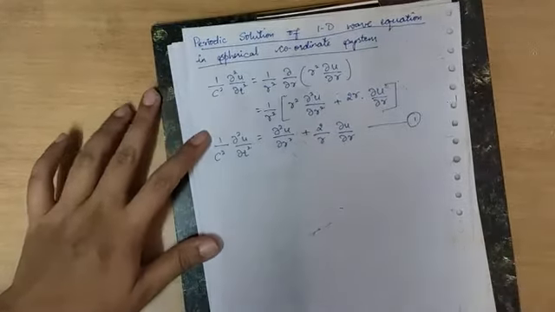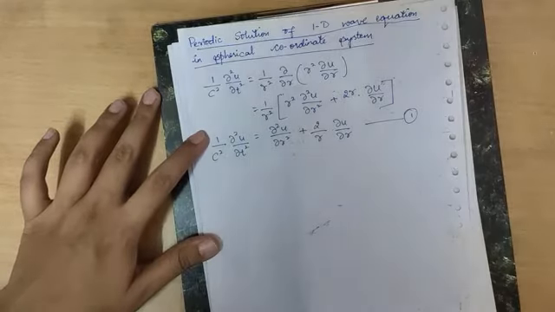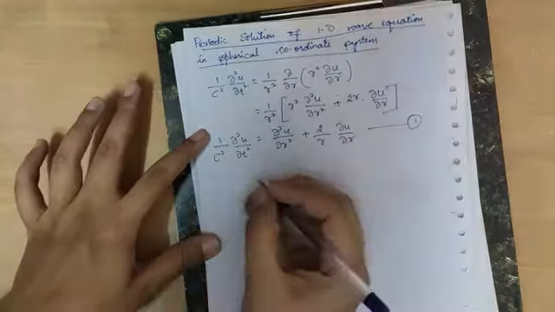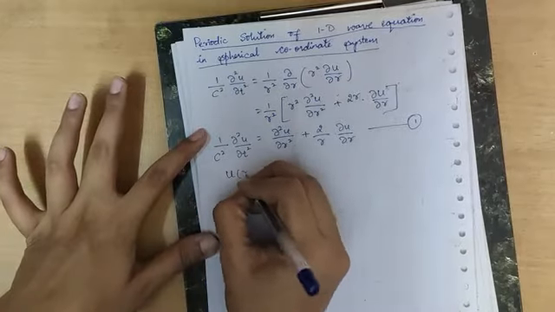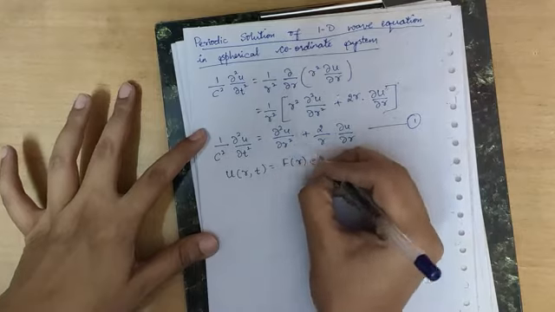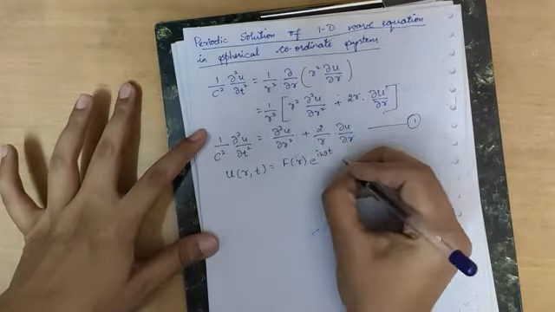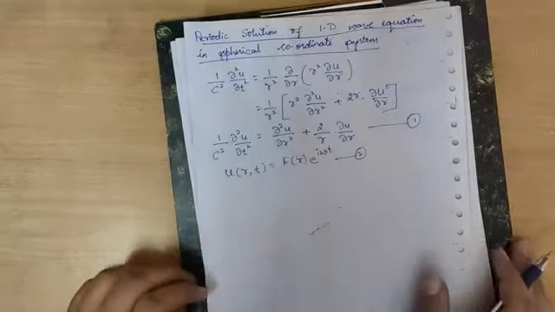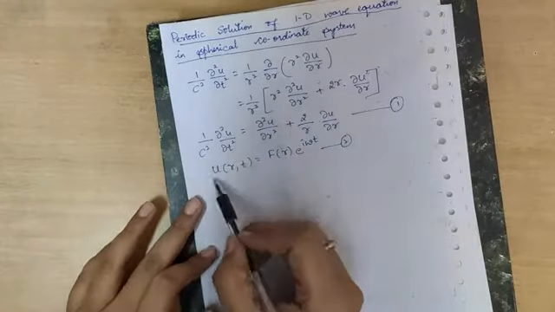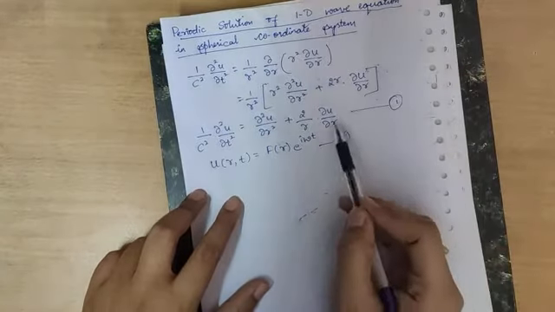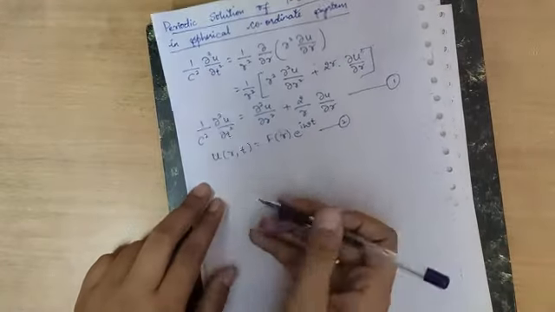Now the periodic solution for this wave equation in spherical coordinate system will be in the form u of r comma t is equal to f of r into e power i omega t. There is no change in the solution form also. So now you have to differentiate this equation with respect to t twice and with respect to r twice.